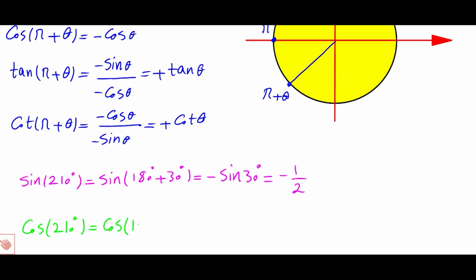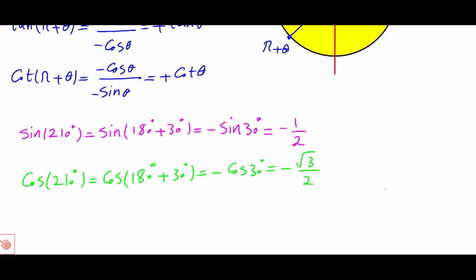of 180 degrees plus 30 degrees, which is equal to minus cosine of 30 degrees, which is equal to minus the square root of 3 over 2.